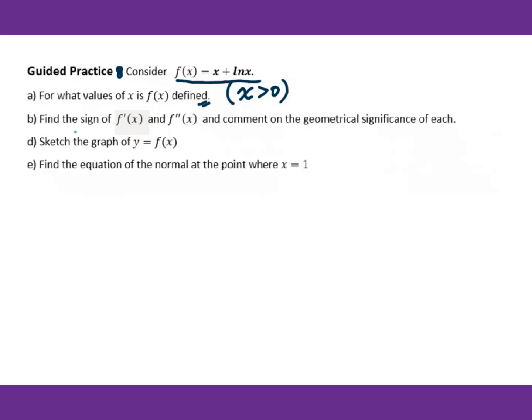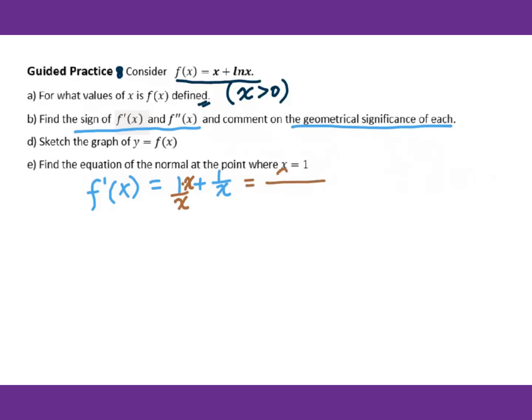B. Find the sign of the first derivative and the second derivative and comment on the geometrical significance of each. So first of all, we will work on the first derivative. That is 1 plus 1 over x. Multiply by x, so you get (x plus 1) over x.